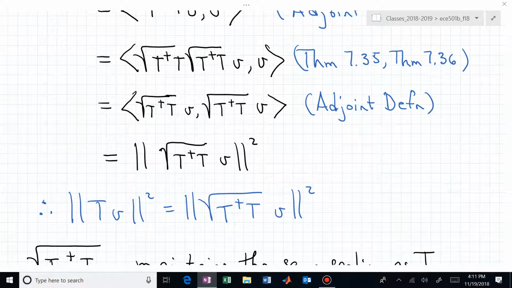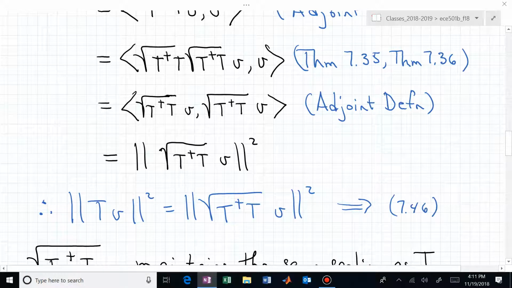And that's what this now says. I believe this is given an identifying equation in the book as equation 46. It equates the norms.